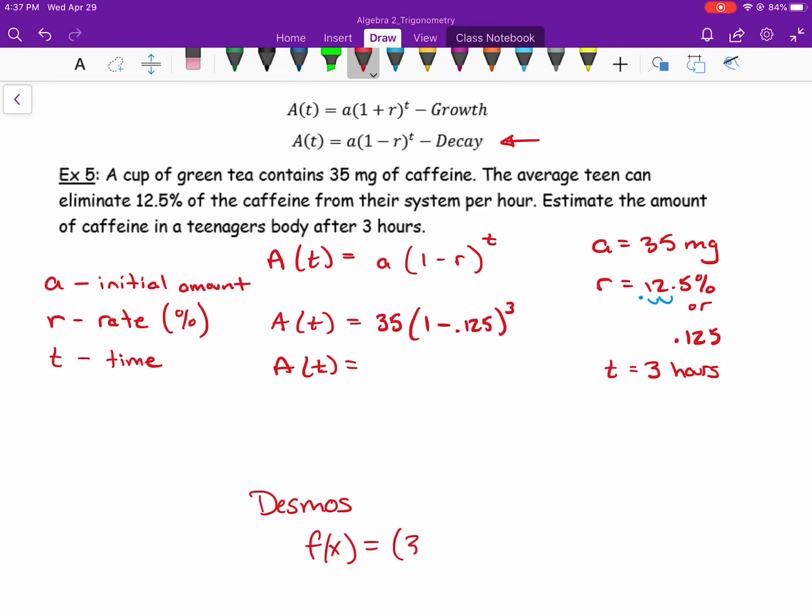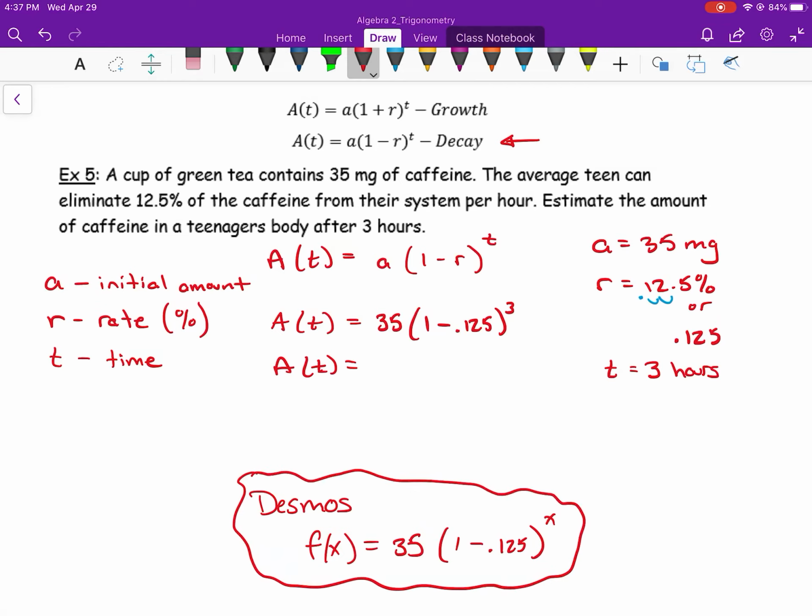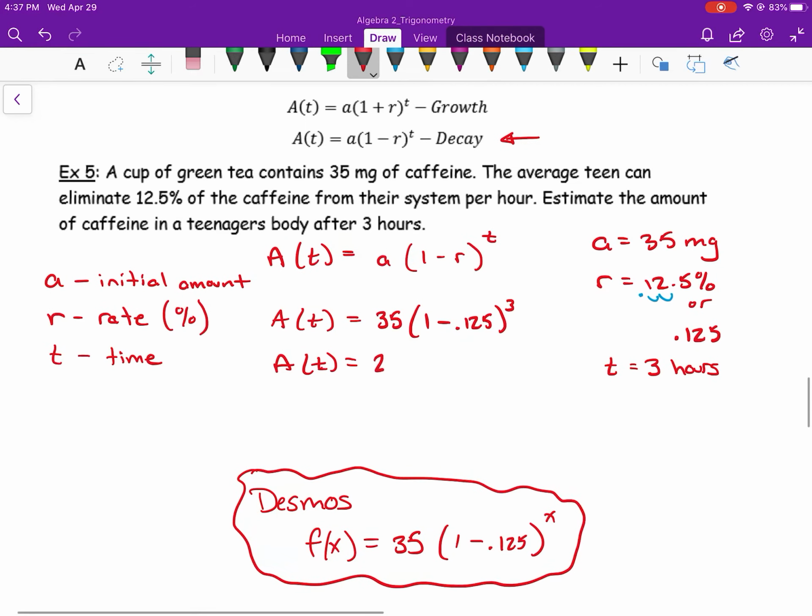F of x is 35 times (1 minus 0.125) to the x power. Sorry, doing it on the fly. You plug that into Desmos, it'll give you the table, and then you just play with the time to figure out what you get. Or you can plug it in your calculator, and the final answer is going to be 23.4 milligrams of caffeine remaining.